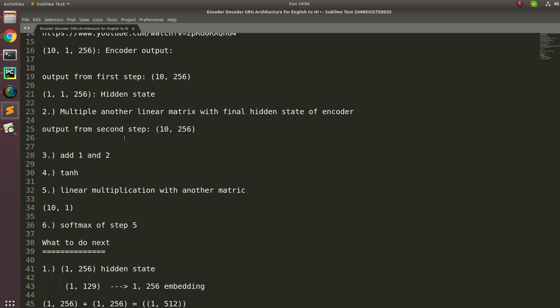So in short, in the previous video we discussed the encoder decoder GRU cell and how to implement it. We also discussed how to pass the encoder's final hidden state as the first hidden state of the decoder GRU cell.